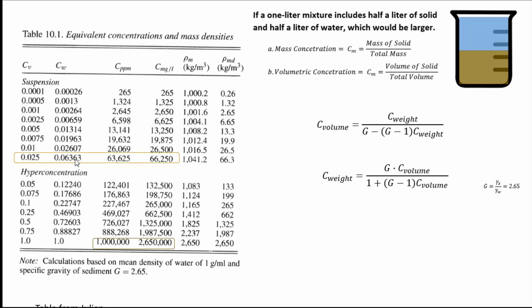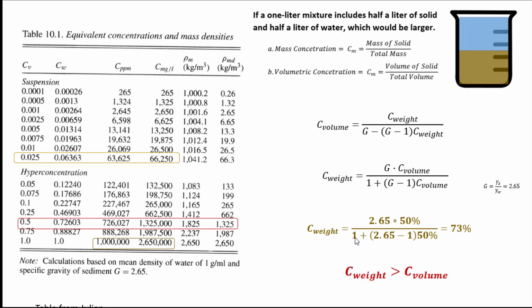So if you look at your concentration by volume versus your concentration by weight, if you choose 50%, which is 0.5 in our example, it's going to have a concentration by mass of 0.72, because we have these equations that move us back and forth, but they're conceptual. 50% of your material has a specific gravity of 2.65, and the balance of your material has a specific gravity of 1. So the concentration by weight, or the mass concentration, is going to be greater than the concentration by volume.